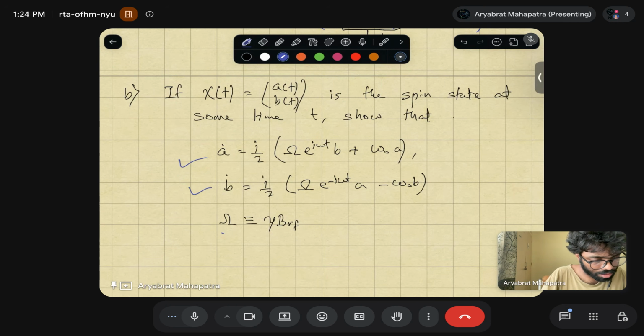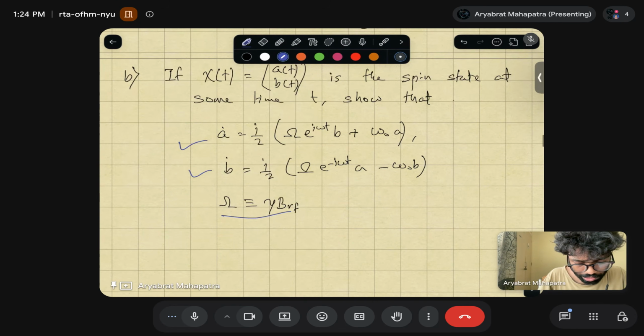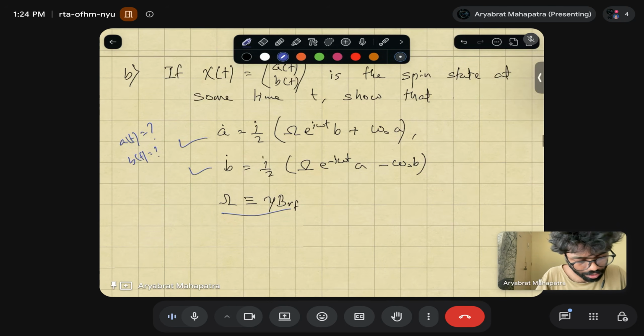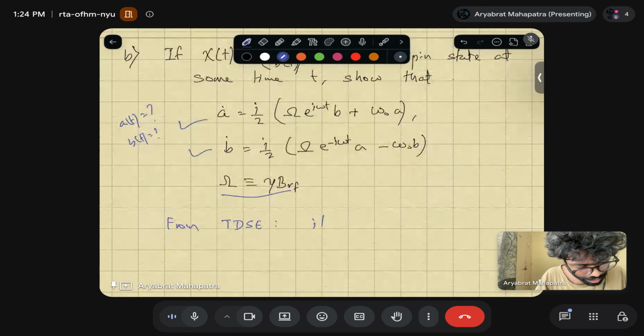To show this, we first have to understand what exactly a of t and b of t are. But essentially, without knowing them we can also try to find out. If we directly use the time dependent Schrodinger equation, we have i h bar del chi by del t equals H chi.